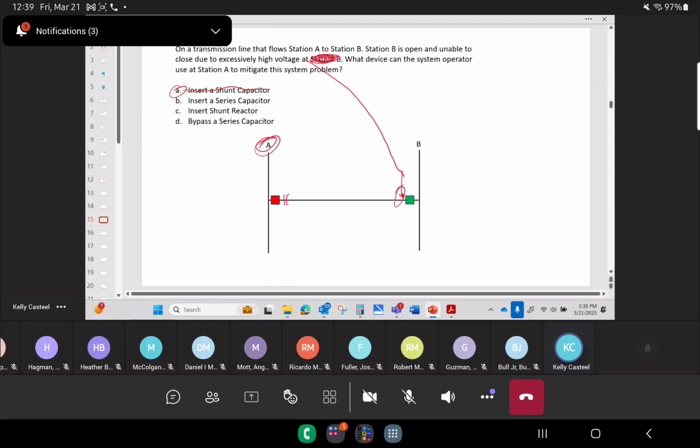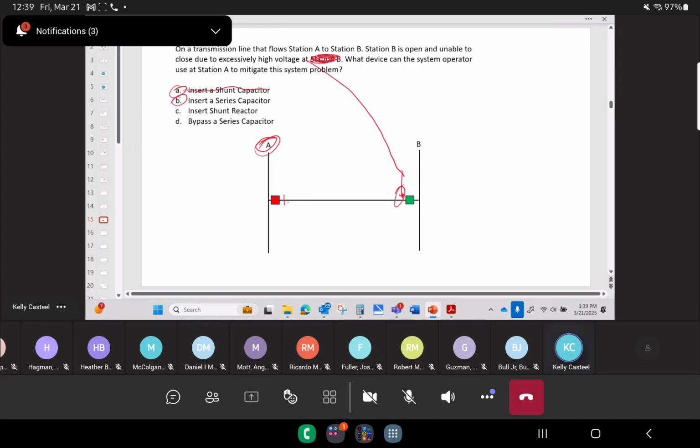The reason we have high voltage here is due to the Ferranti effect. The Ferranti effect is a function of line length. The longer the line is, the worse the Ferranti effect is going to be. If we put a series capacitor in service, it makes it look like a shorter line electrically, which makes the Ferranti effect less. So in that case, that would be effective.